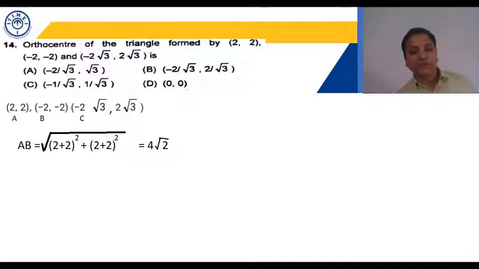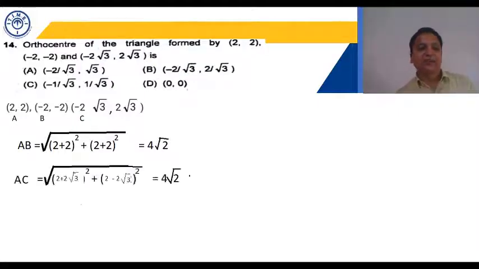Similarly, if we find the length of AC, AC is 2 plus 2 root 3, because minus of minus 2 root 3 becomes plus 2 root 3, whole square, plus 2 minus of 2 root 3, whole square. Now one part is given as a plus b whole square, second part is given as a minus b whole square. So plus 2ab and minus 2ab will cancel out.